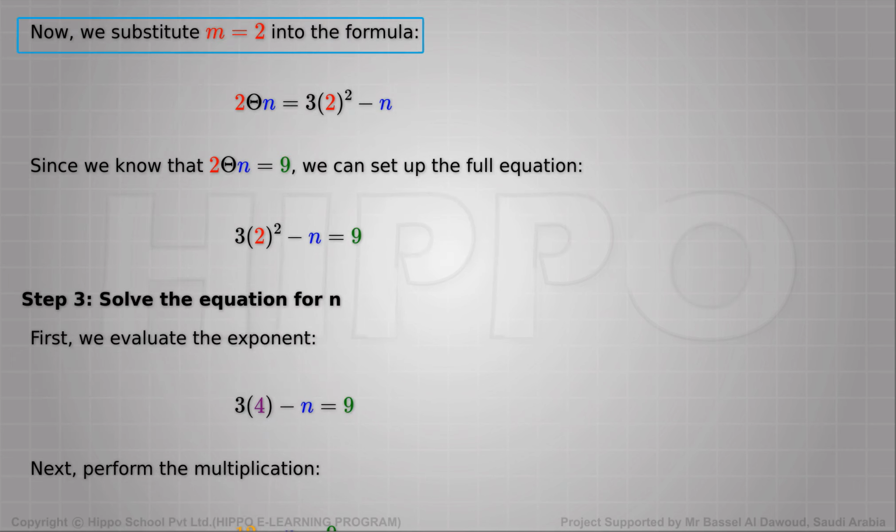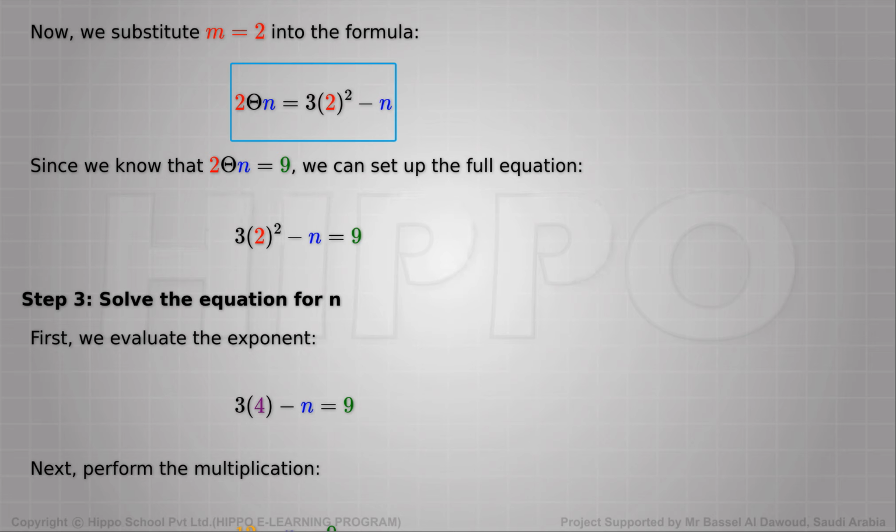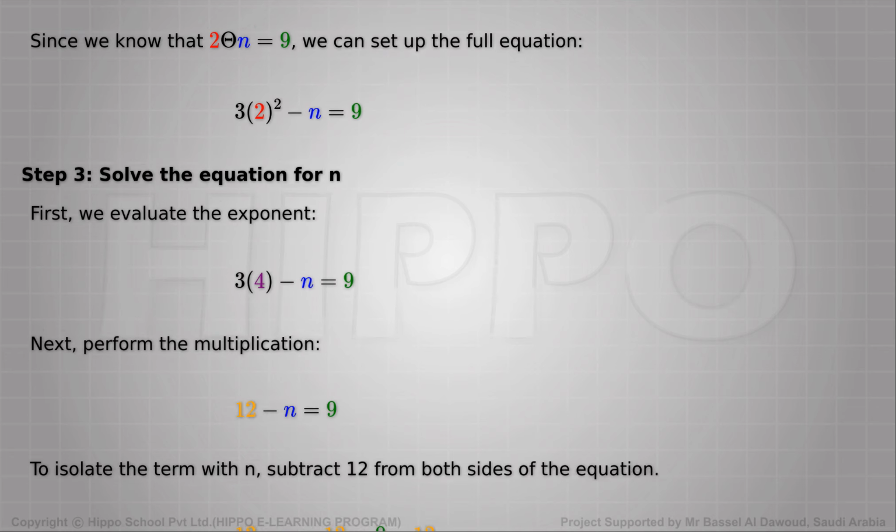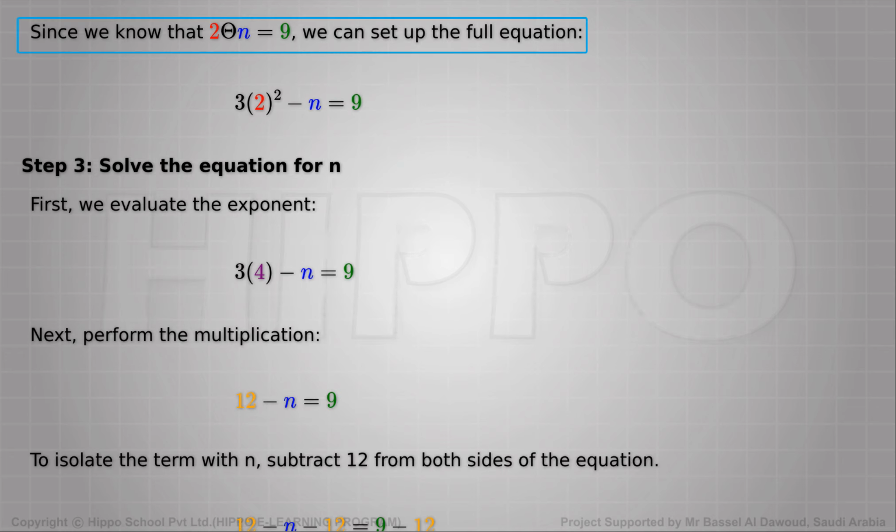We take our value for m, which is 2, and plug it into the formula 3 times m squared minus n. As you can see, this gives us 3 times 2 squared minus n. We're almost ready to solve. We know that 2 theta n is equal to 3 times 2 squared minus n.